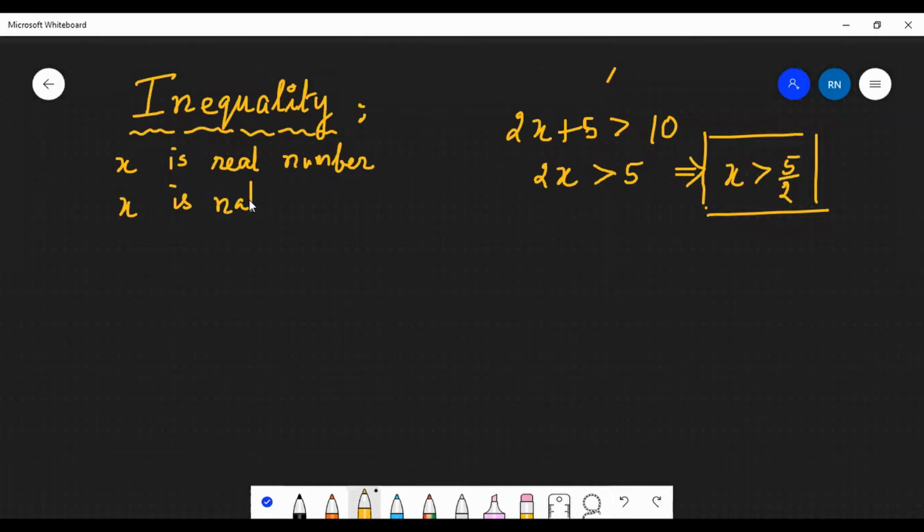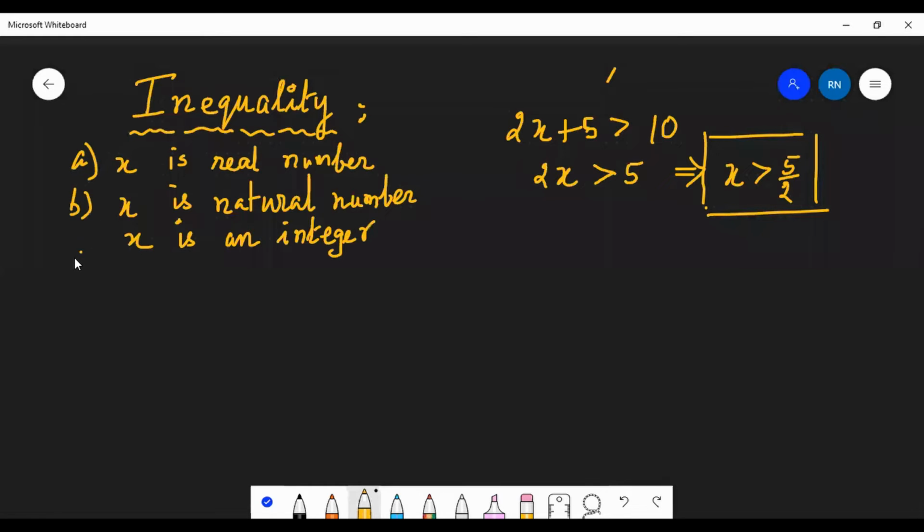Last class we were discussing all these differences. How you will answer in case x is a natural number, or in case x is an integer. So in different categories, your answer looks different.